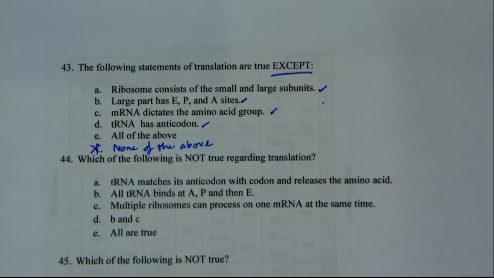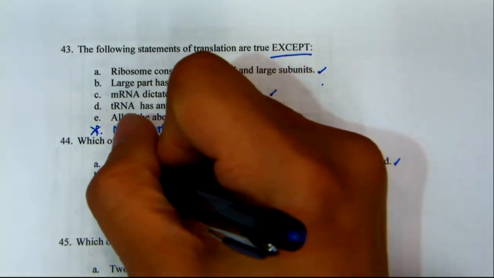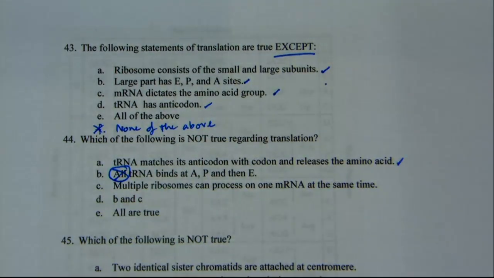Next one, which of the following is not true regarding translation? tRNA matches its anticodon with the codon and releases the amino acid. It's correct, right? Next one, all tRNA binds at A, P, then E. Is that correct? No. The problem is the word all. Only the second and on.